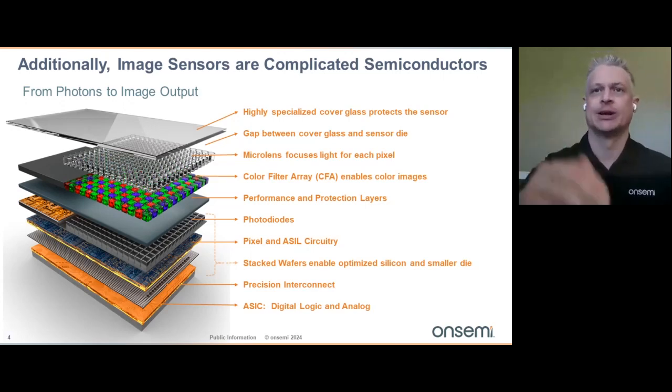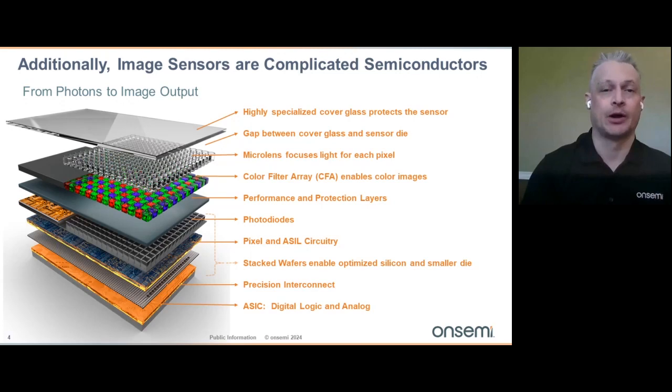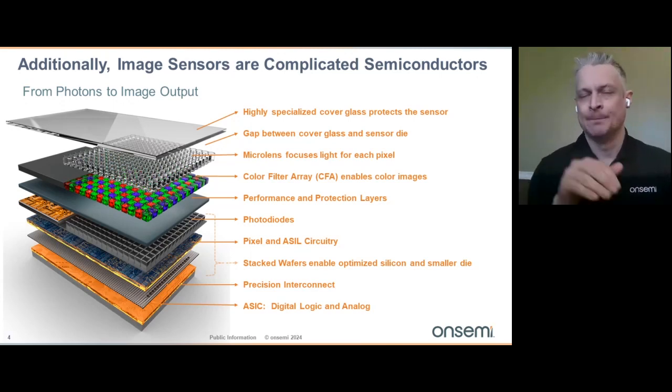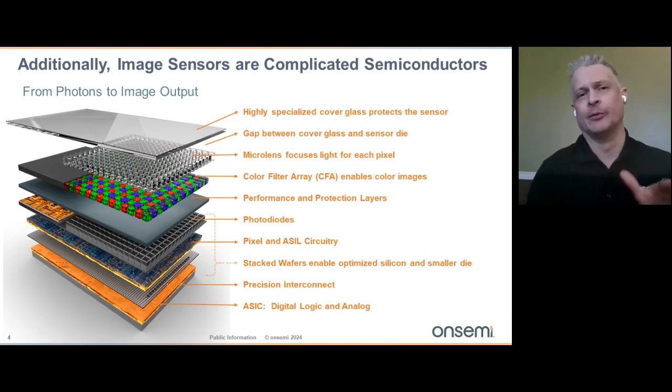You have the cover glass sitting on top. Beneath it is the micro lens that focuses the light into the pixel. You have a color filter array, we call it the CFA, that sits right beneath the micro lens, and that allows us to get color or monochrome or different things that we want in terms of the color spectrum into the actual pixel itself. You have the pixel wafer.